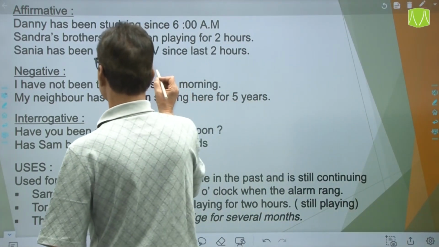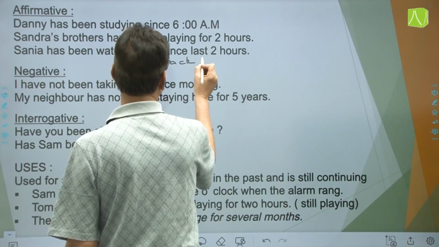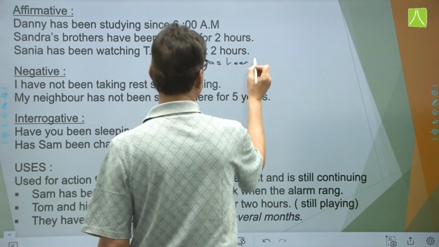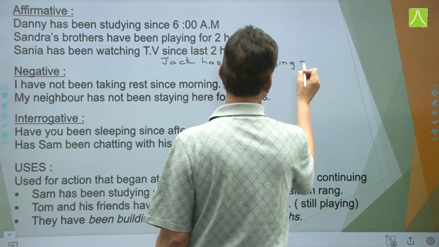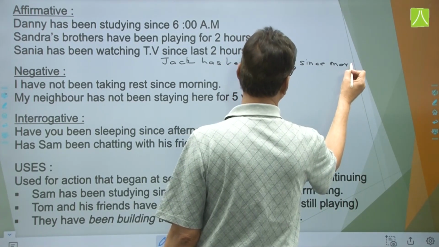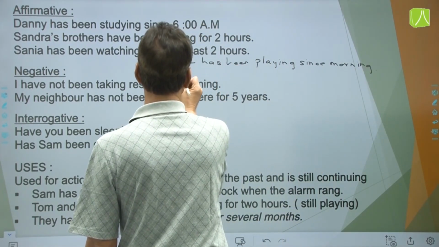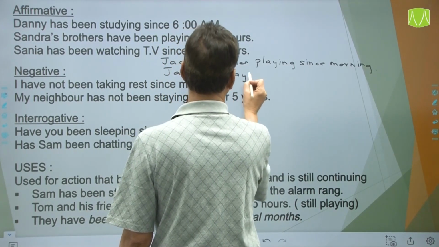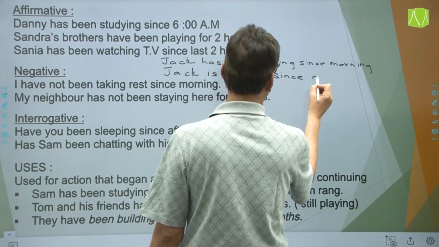Now one last thing in this tense. Jack has been playing since morning, and the second sentence becomes Jack is playing since morning.